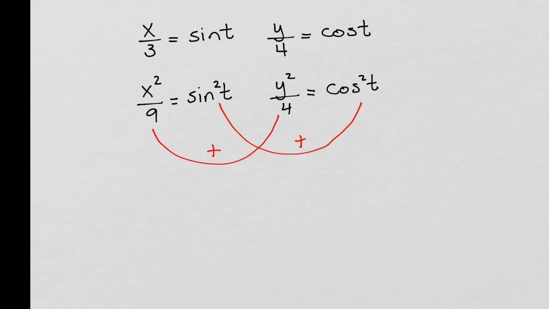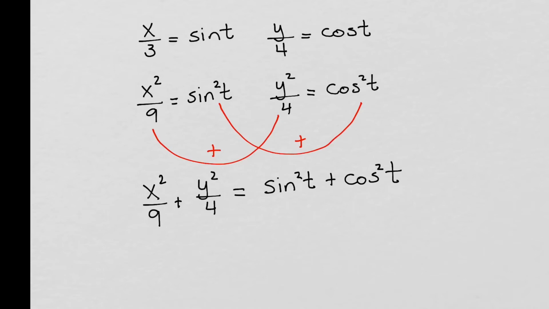So that would mean that we have x squared over 9 plus y squared over 4 equals sine squared t plus cosine squared t. And I still have t in the equation, so I'm not completely done.